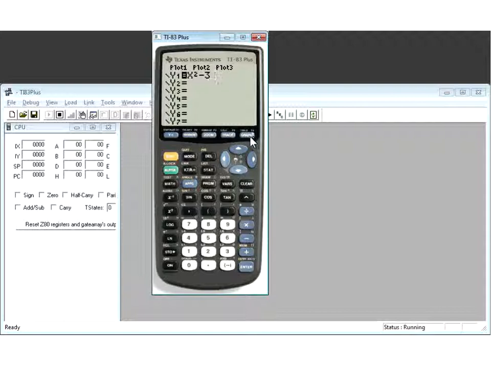What you do then is hit graph in the upper right corner, and you can get a graph of what this looks like. So you have a general idea of what you're looking at when you graph this. All right, so again, y equals x by your colored keys, squared diagonal to your 7, minus 3, graph, and there it is.